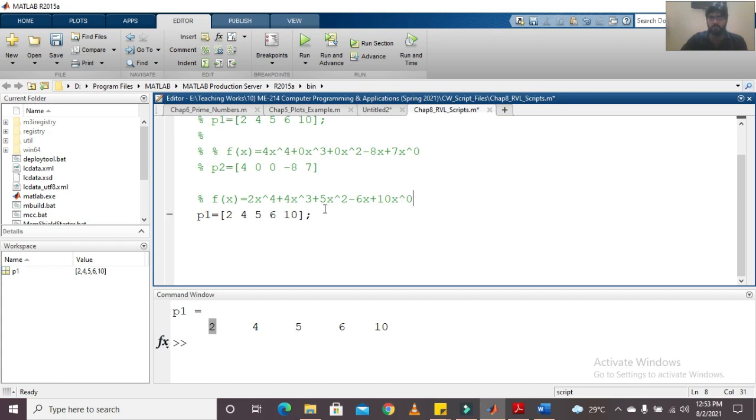This is a 4th degree polynomial, and I want to calculate the value at, say, x equals 4.